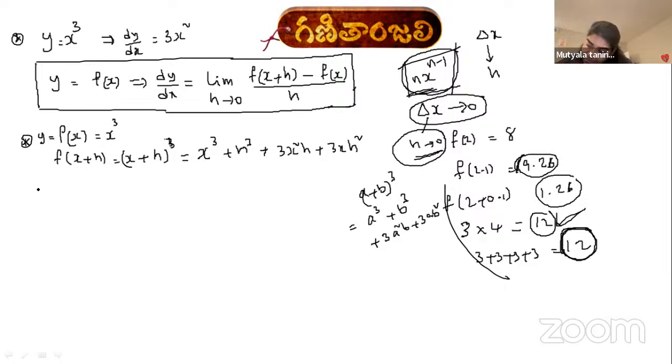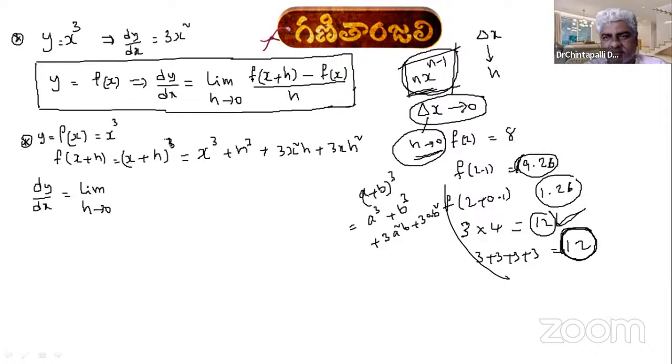Now, we want dy by dx. That is equal to, using that formula, limit h tends to 0 of f of x plus h minus f of x by h.